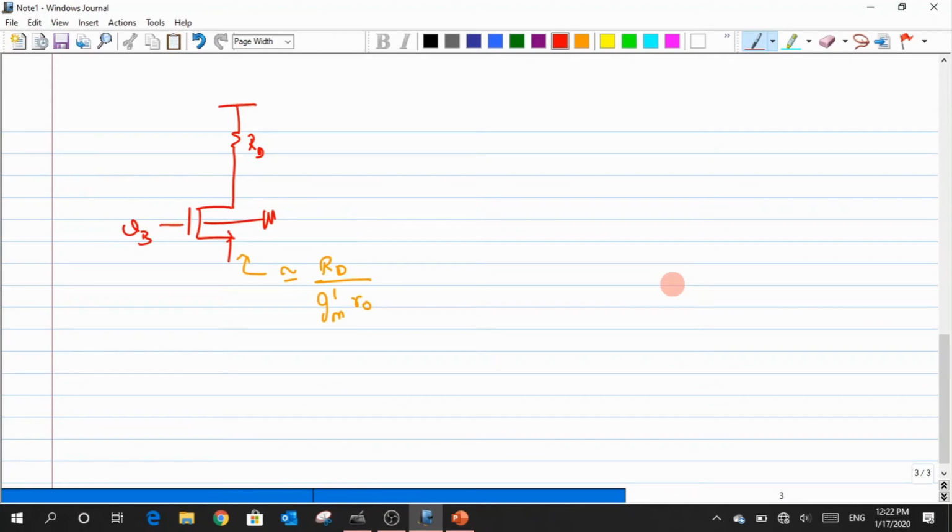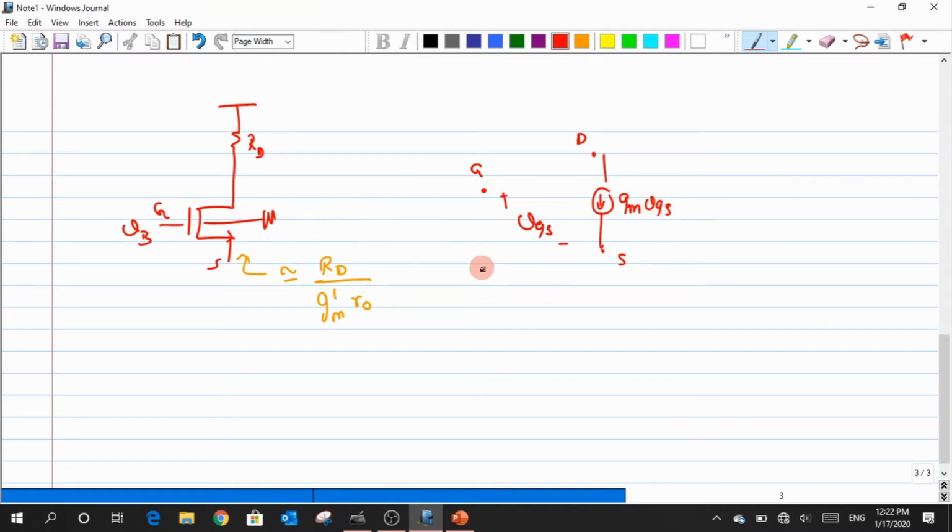Okay, so let me draw this small signal model. So I have this gate, the drain, and the source, and here is my VGS with plus and minus polarity, and based on this polarity I'm going to draw the current direction, which flows from drain to source, Gm VGS.